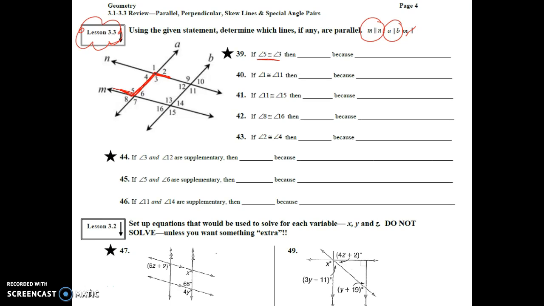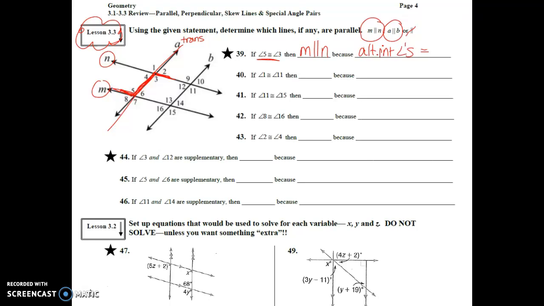And I look that I see the Z, and the one line that goes between both of those is A. That means that M and N must be my parallels because A is the transversal. So I say that M is parallel to N because alternate interior angles are equal.